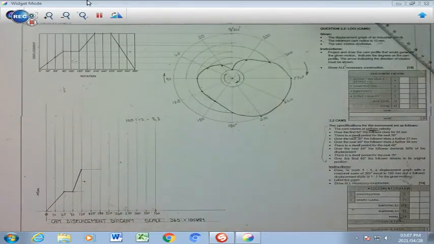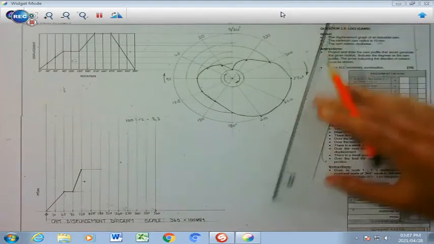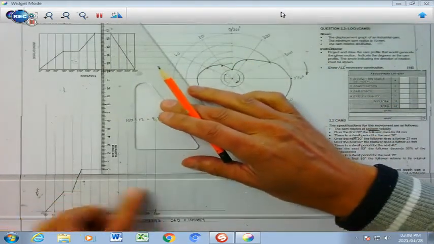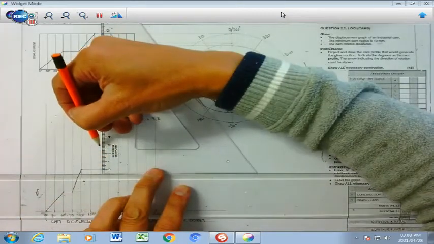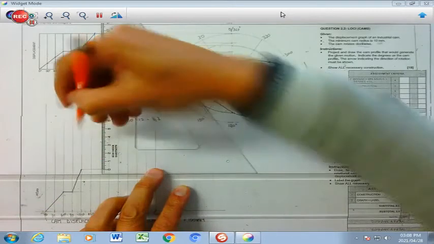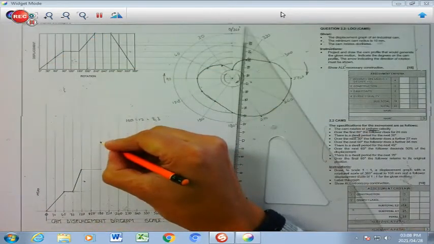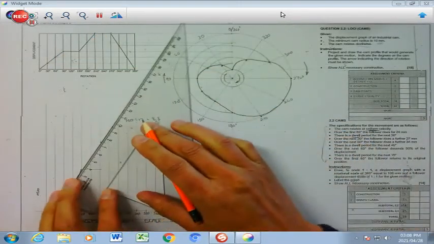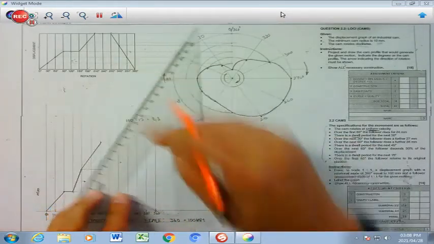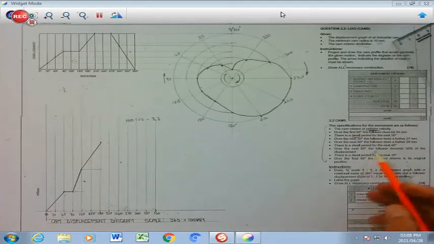From there it's going to be another 34. So I'm going to measure from 0 there, another 34, and 34 is going to be right there. That is going to be my point that I see there, and I'm going to draw a line from there to there.